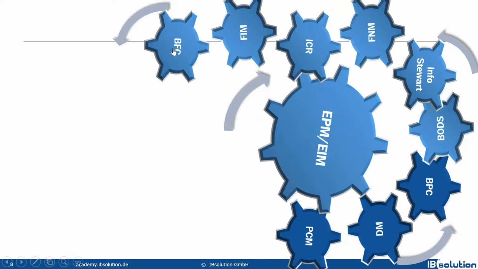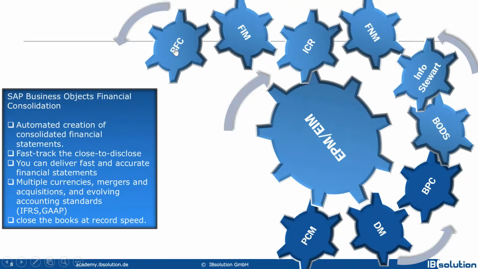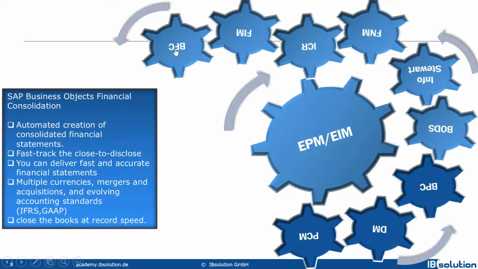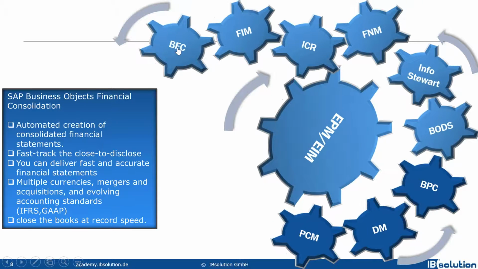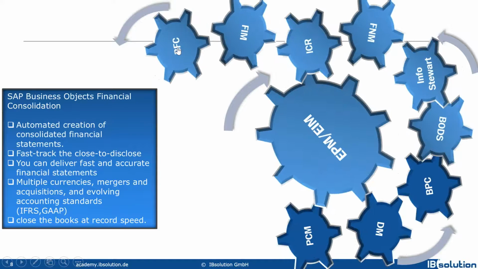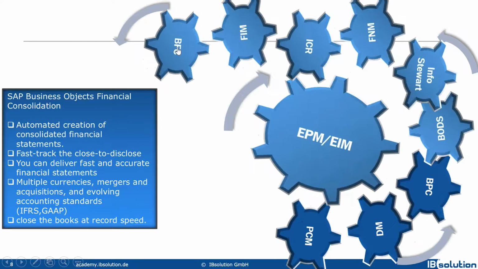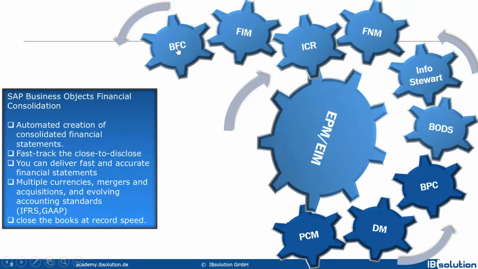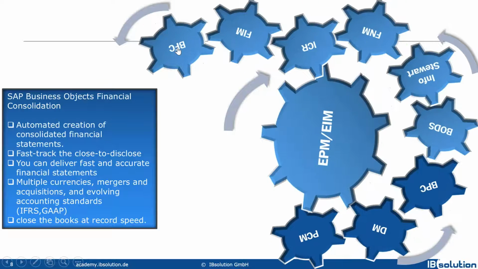So let's have a look at BFC. BFC stands for financial consolidation. It's a tool within the EPM suite which provides you with the capability of fast-track close and disclose of your financial reports and annual reports.